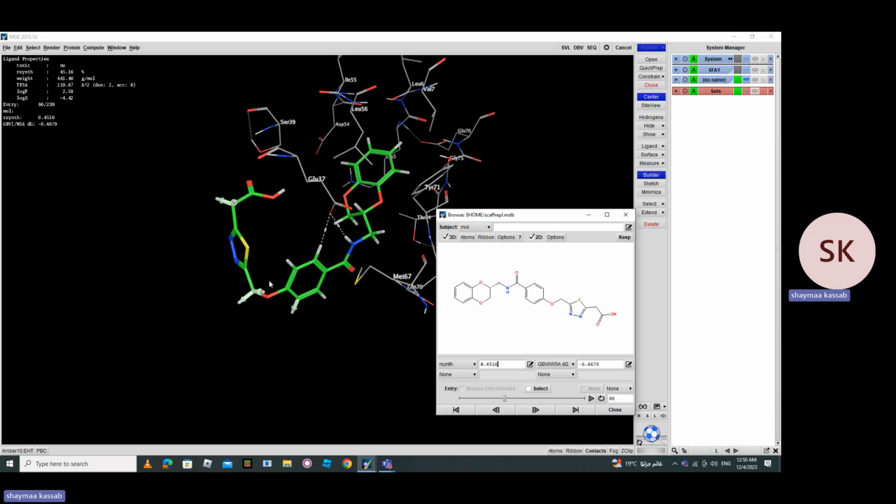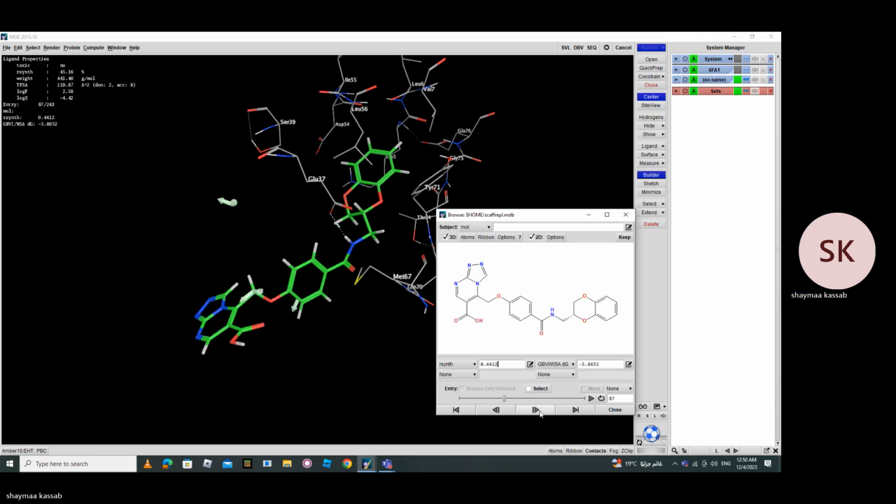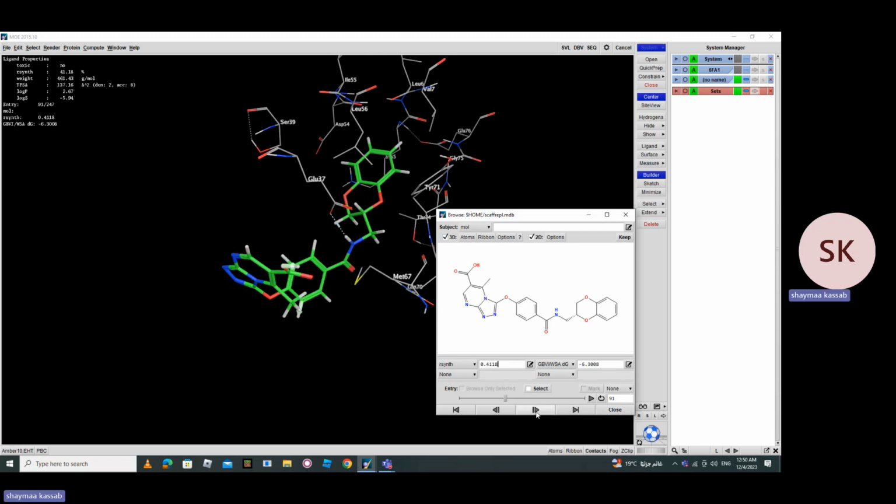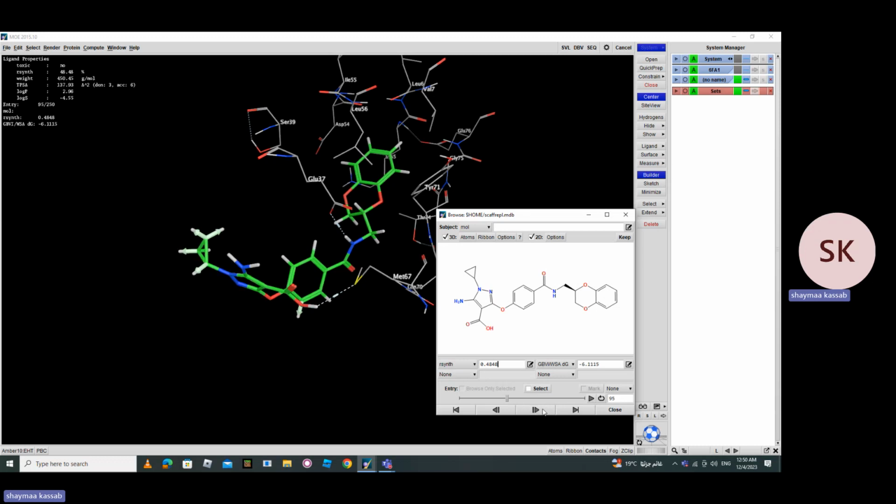Yeah, here we have also a nice bonding force with the same amino acid, glutamic acid. The resynthesis score is getting lower because we sorted the browsing in descending order. Here we have also a nice bonding force with methionine. It's a strong hydrogen bonding force.